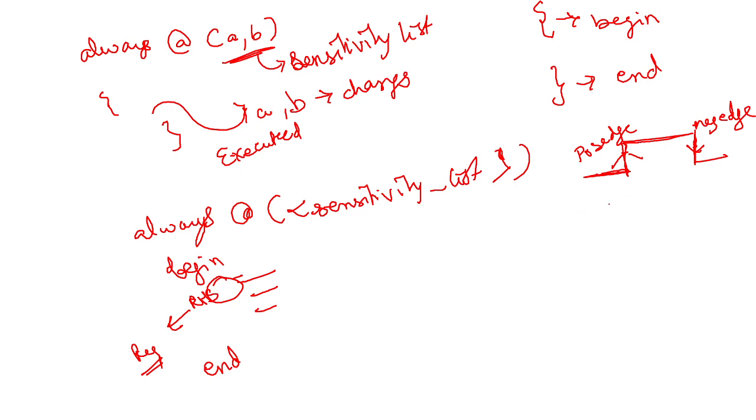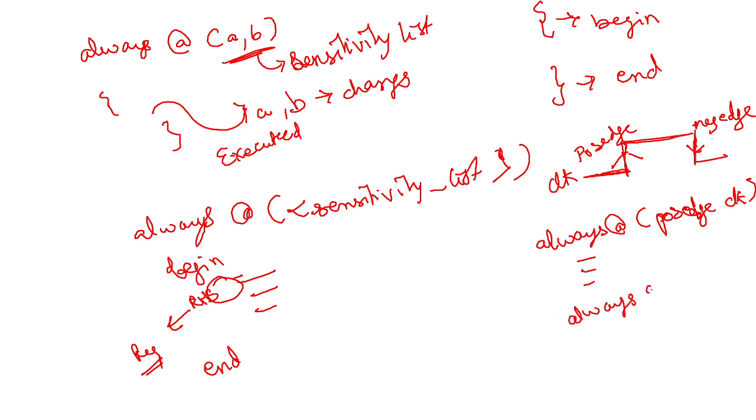So in the sequential circuits, if I am defining this as clock, then if I want to execute these statements only at the positive edge of the clock, I will write like always at pos edge CLK. If I wish to execute at the negative edge alone, so I will define as neg edge clock. Is it clear?